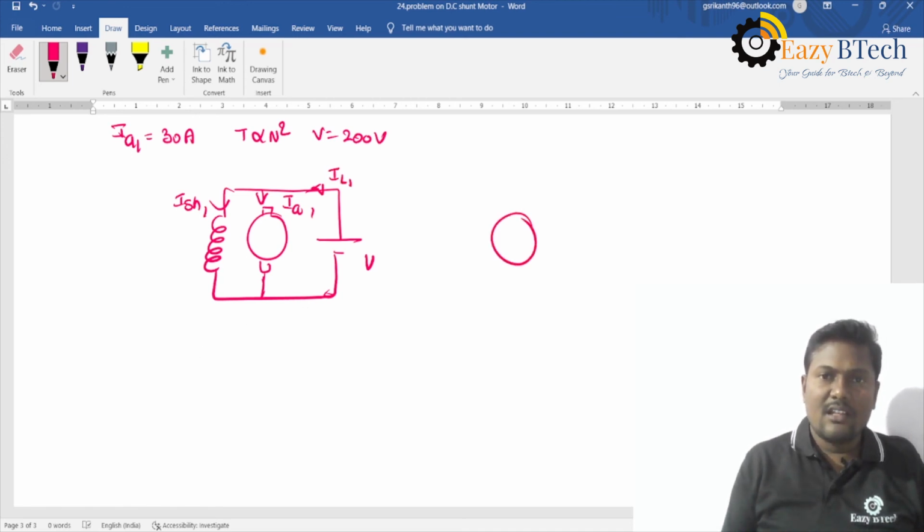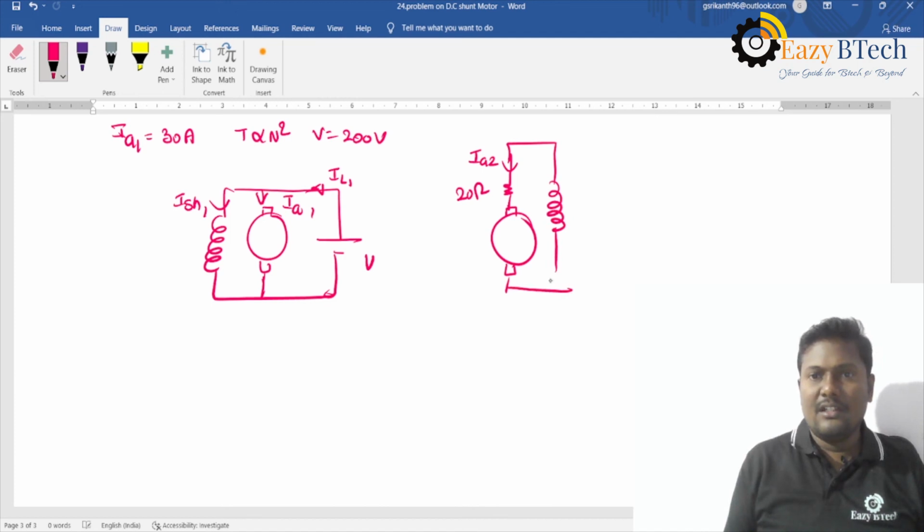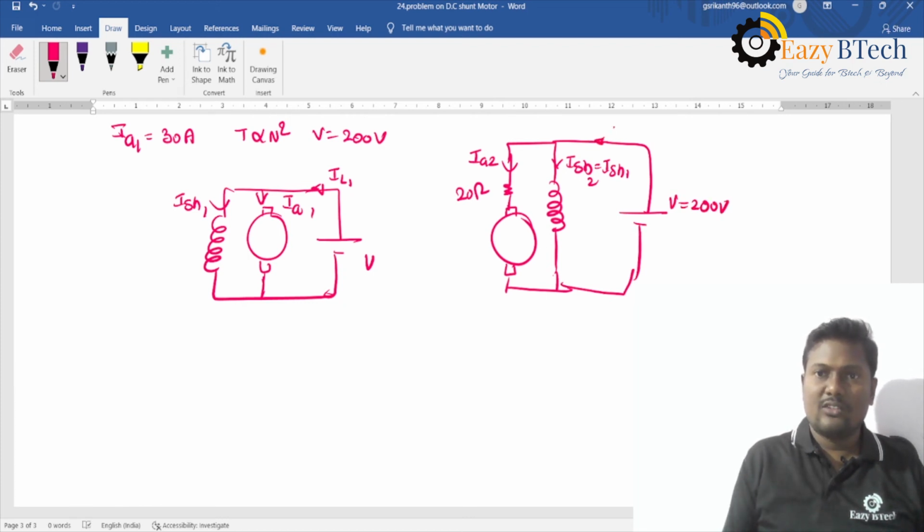In the second case, I am adding an external resistance whose value is 20 ohms. Then definitely the current IA2 changes. The field current is the same, because I am not adding an external resistance in the field. ISH2 is equal to ISH1. The V value is 200 volts and this one is IL2.